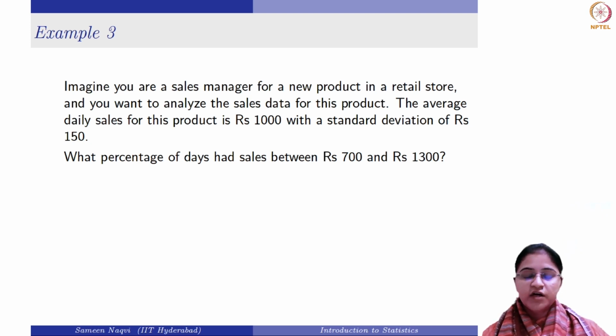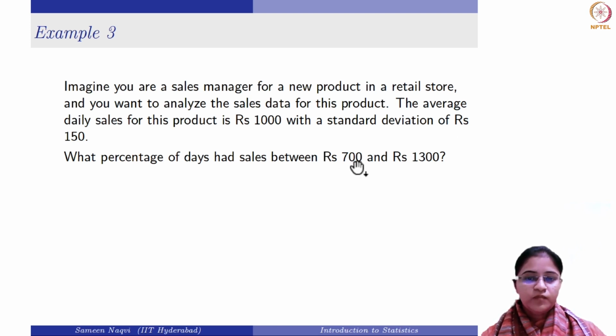To find this out, first identify the mean mu and sigma given to you. Mu is 1000 and sigma is 150. Now it is asking between 700 and 1300. Note that no distribution has been given, so it can have any distribution.